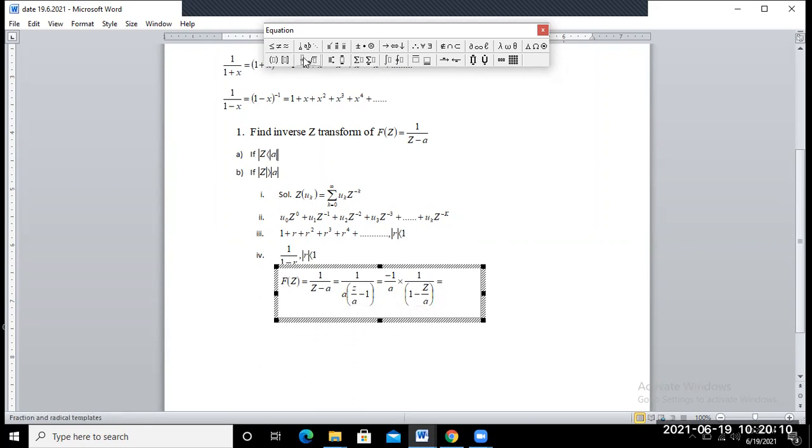So it may be written as minus 1 by a into 1 minus z by a whole to the power minus 1.